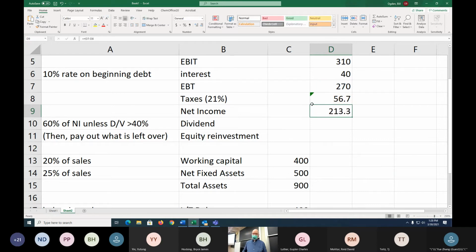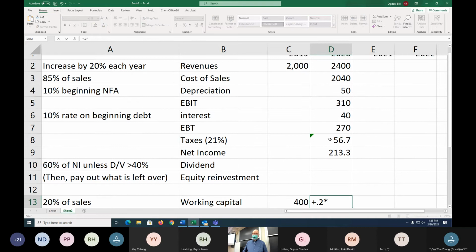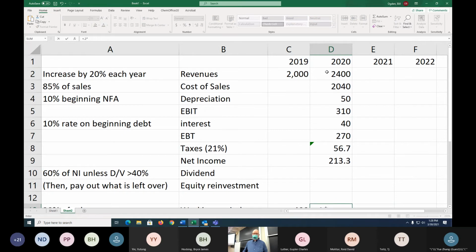Looks good. All right, let's do the balance sheet. Let's hold off on these until we have a better feel for what we need to do. So working capital, let's follow the script. It says 20% of sales, times sales.